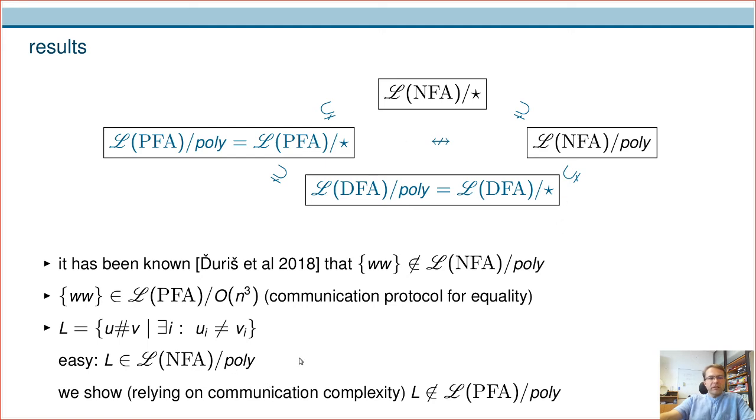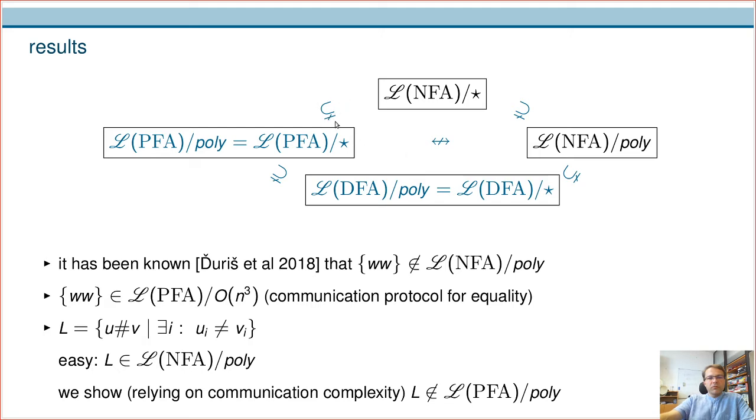On the other hand, again relying on some lower bounds on communication protocols, we argue that this language cannot be recognized by a randomized machine with polynomial advice. So when we restrict the advice to polynomial size, then non-determinism and randomization become incomparable.